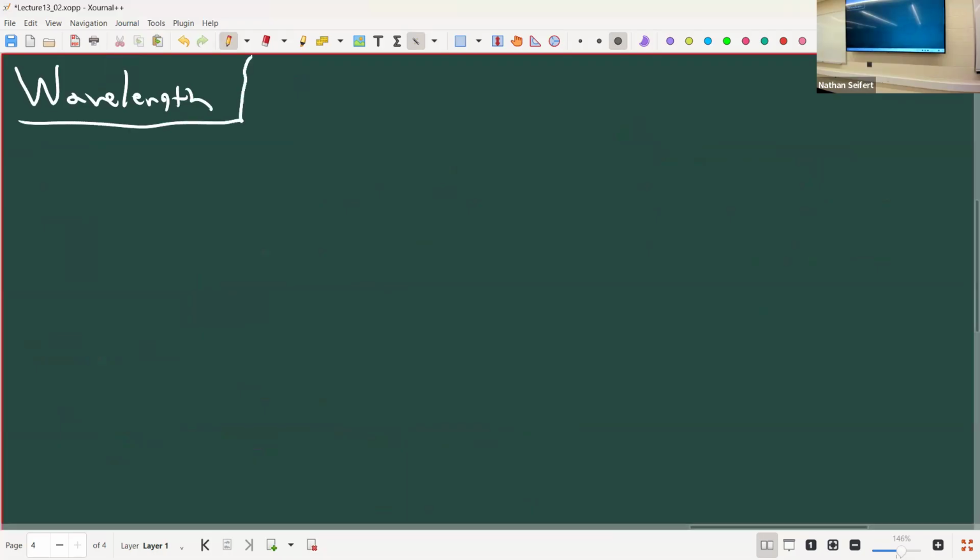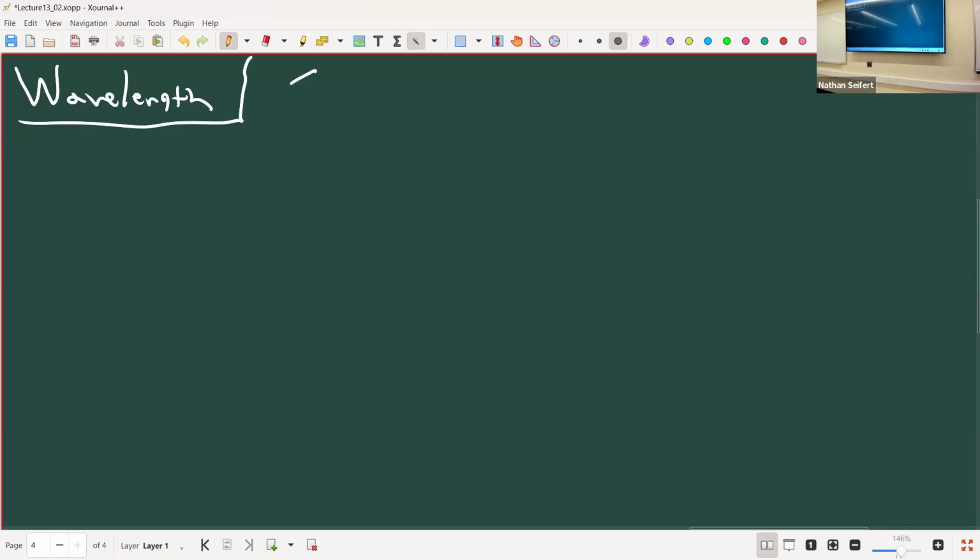Okay, so there's a reciprocal for frequency, which is wavelength, and that's also a useful unit to talk about energy, but with a caveat. Right, wavelength is an inverse unit for energy, right?